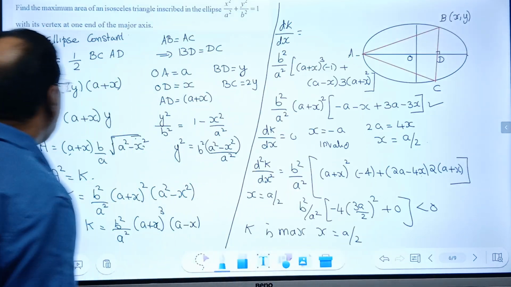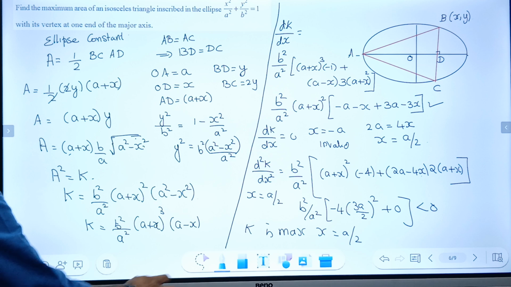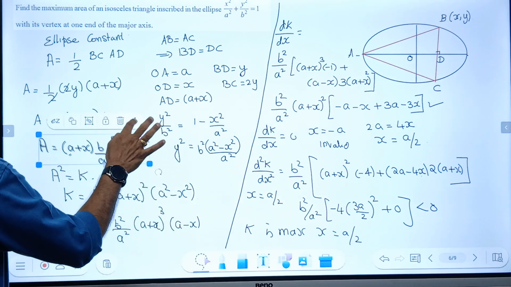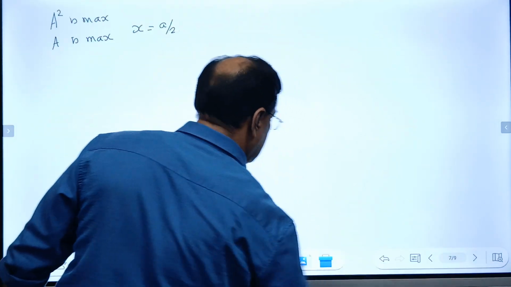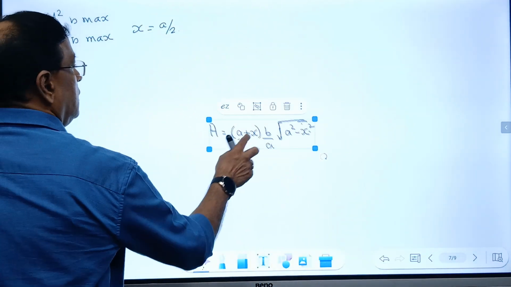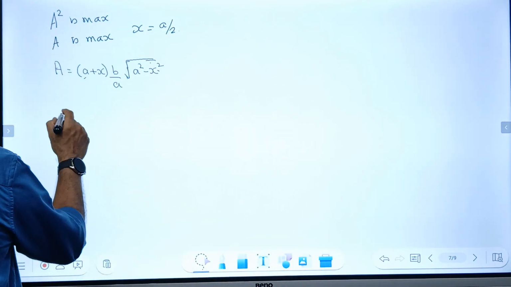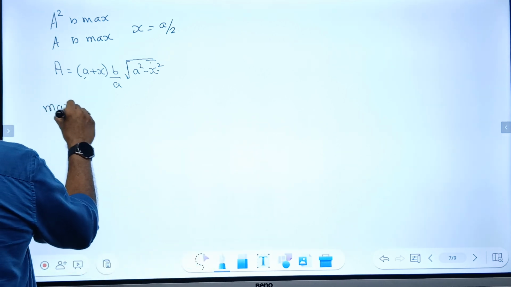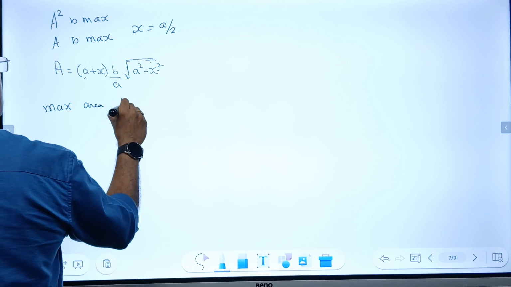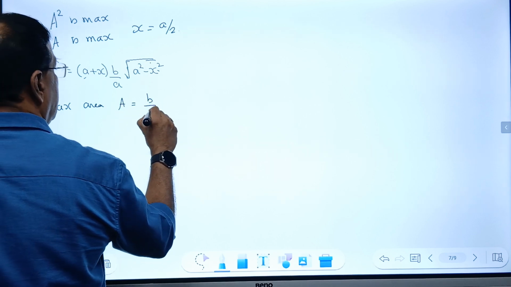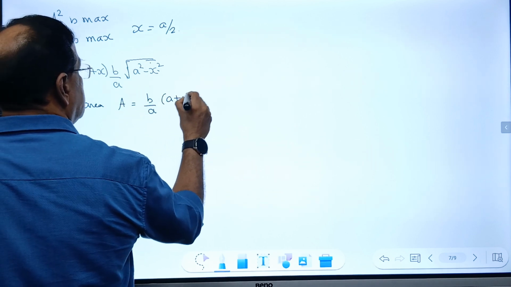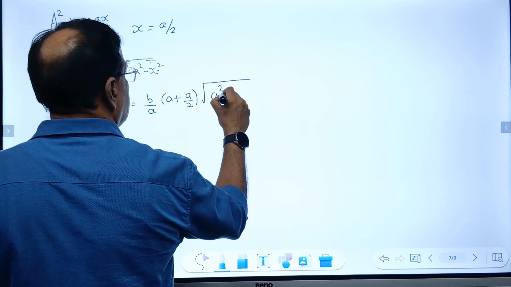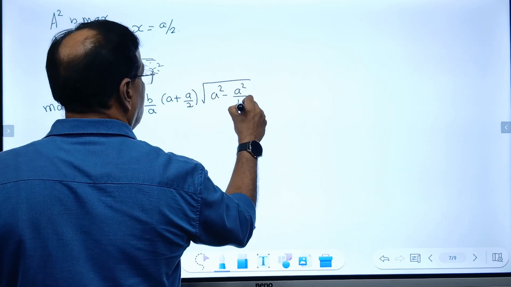Okay? Now I want to find the maximum area. So what I will do, I will substitute here. Look at this. So what is area? So the maximum area is A equal to B by A into A plus A by 2 into root of A square minus A square by 4.